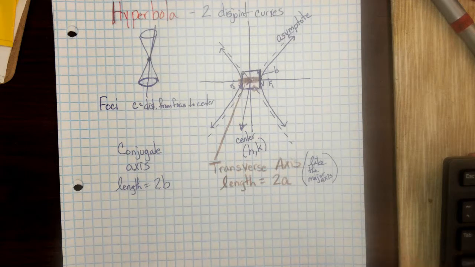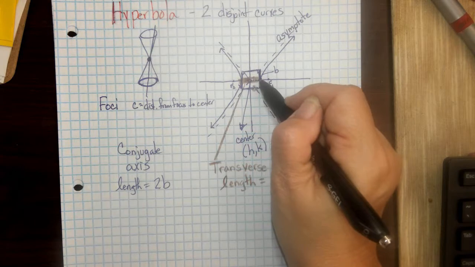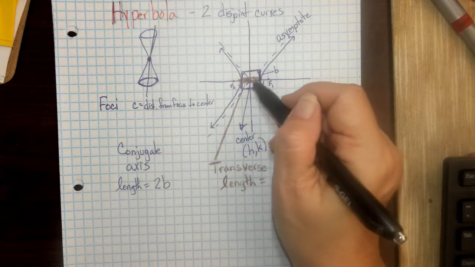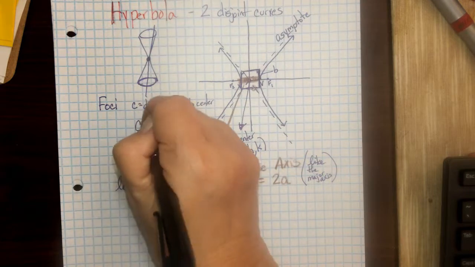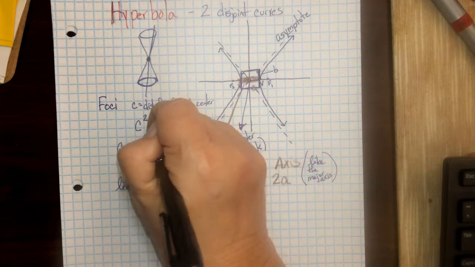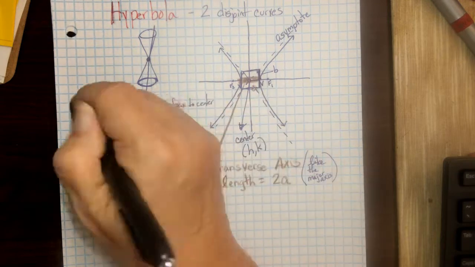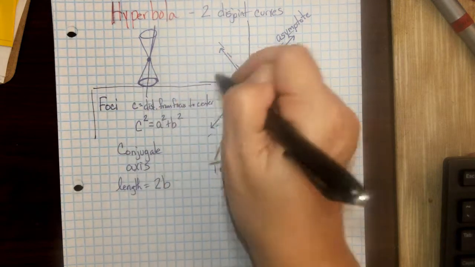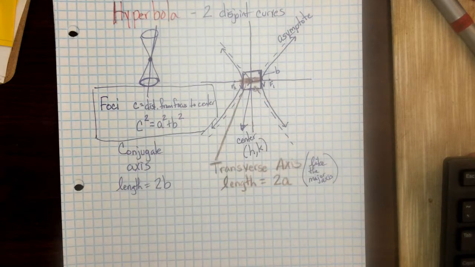But this time, the A is a leg, and the B is a leg, and so the C is actually the hypotenuse. So it actually is exactly the Pythagorean theorem that we're used to. C squared equals A squared plus B squared. So that's how you're going to find the foci.